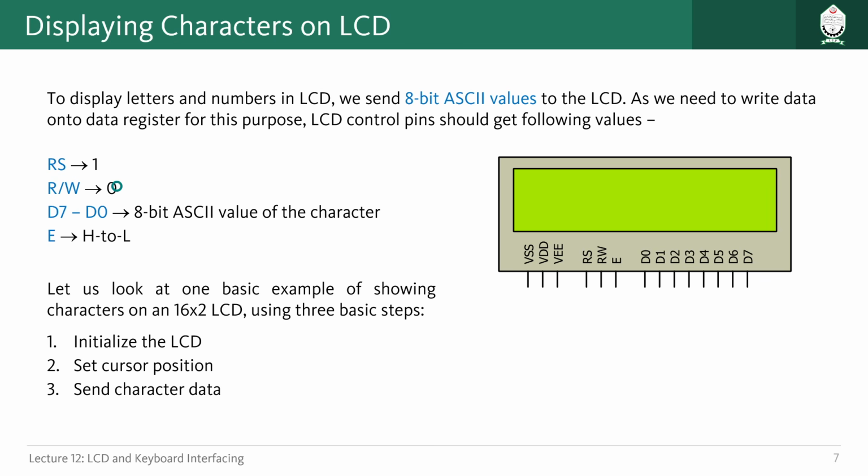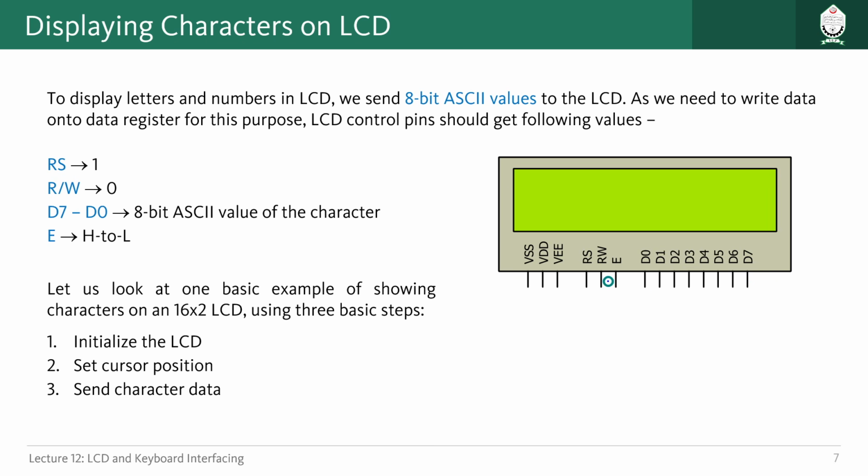Just like for the command register, where we had RS equal to 0 and RW equal to 0, here RS is equal to 1, RW is equal to 0, because we are again writing data, but not to the command register, rather the data register. And then we send the corresponding 8-bit ASCII value for the character we want to show.